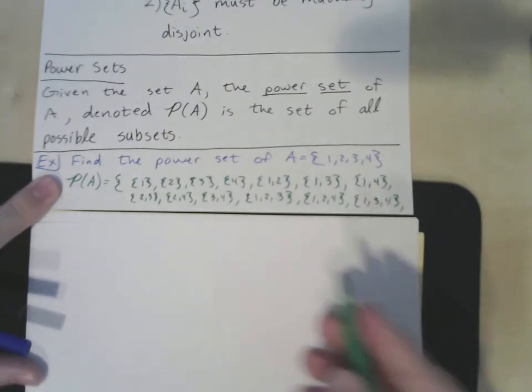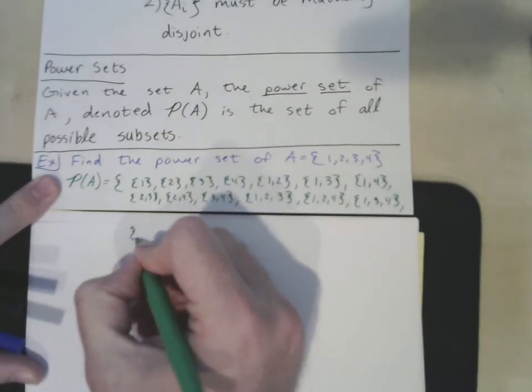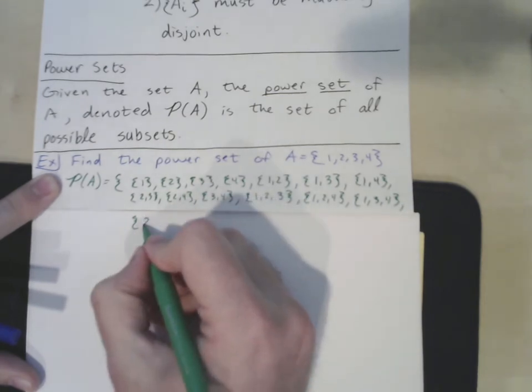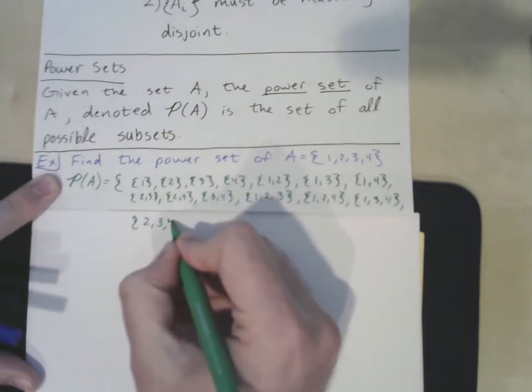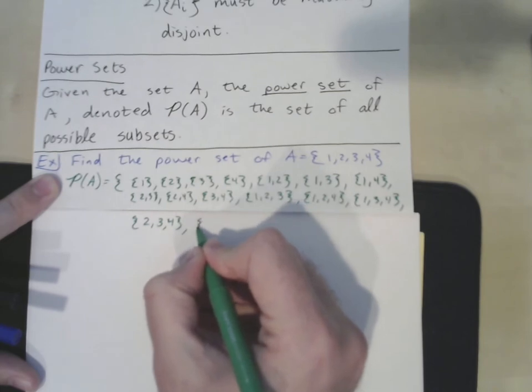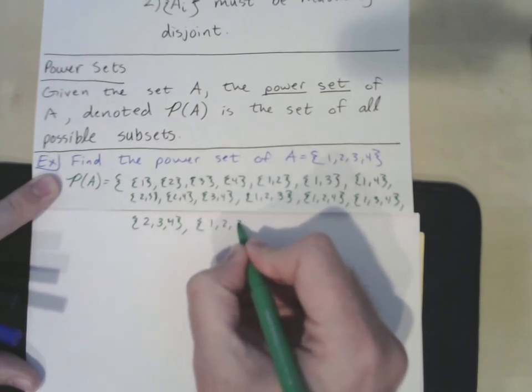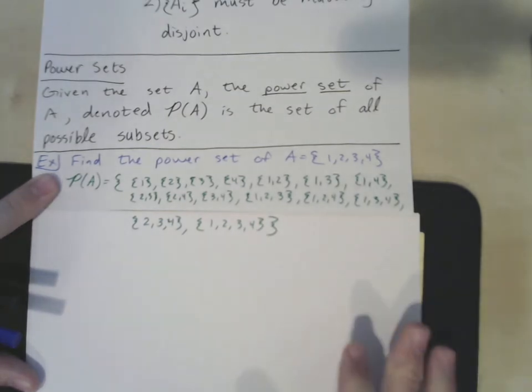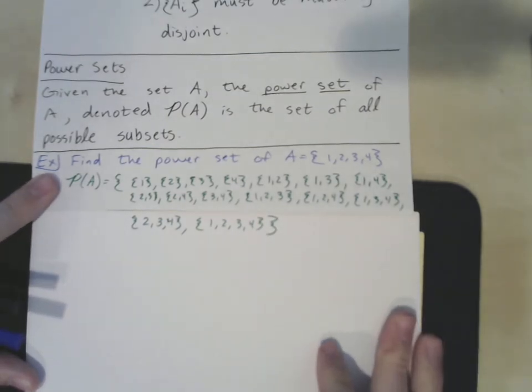And then {2, 3, 4} would be the last 3 element subset, and then {1, 2, 3, 4}, the improper subset. So that is the power set.